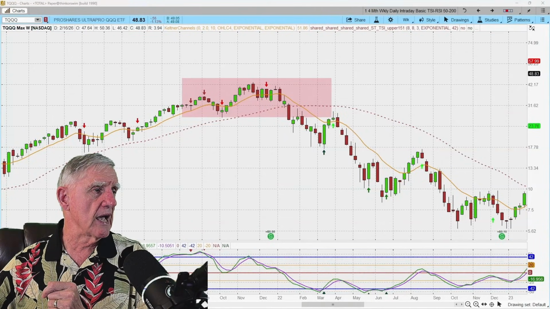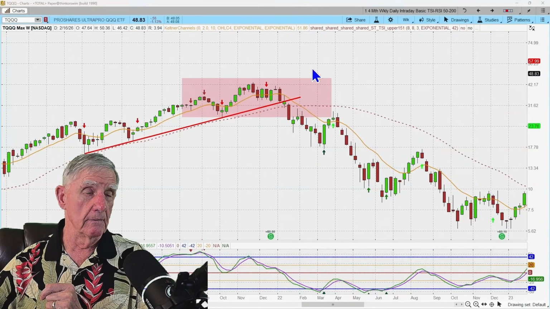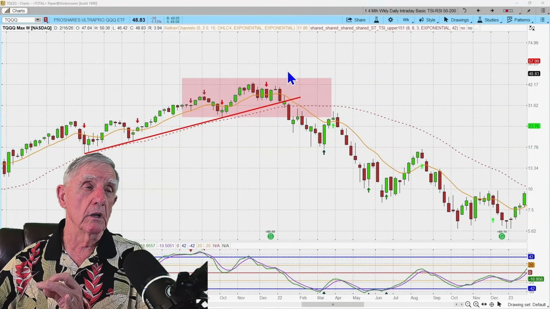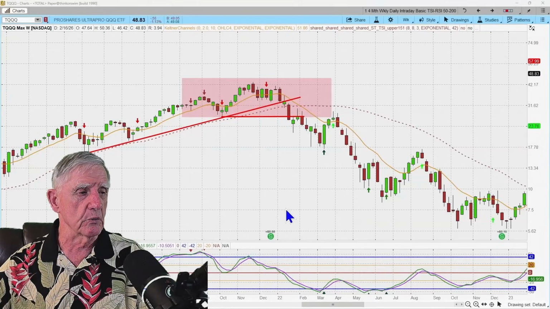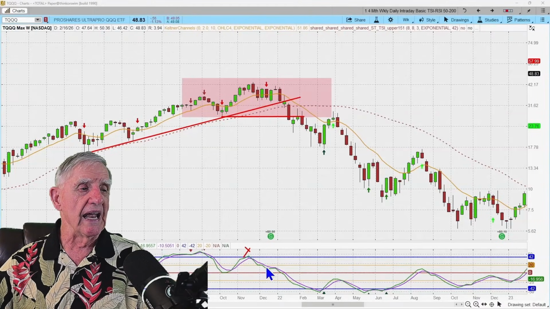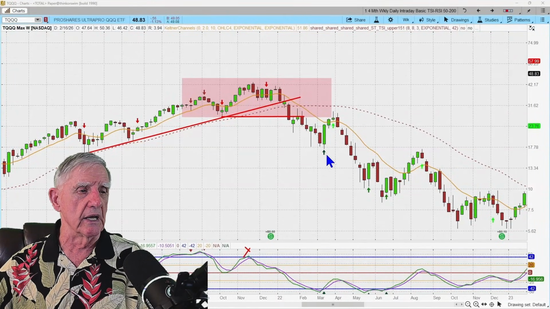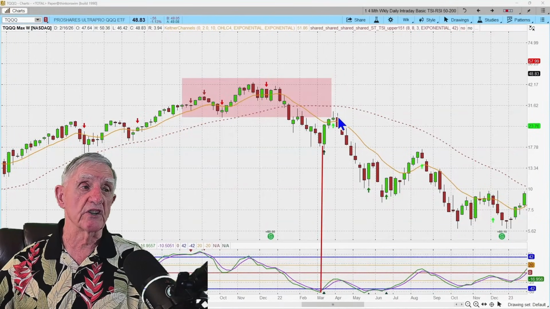There's the trend line, and as we said earlier, if that trend breaks, stand by. One of the other things we want to take a look at is the TSI at that high right there. It rolls over and stays crossed to the downside all the way down to here, until it crosses back up.